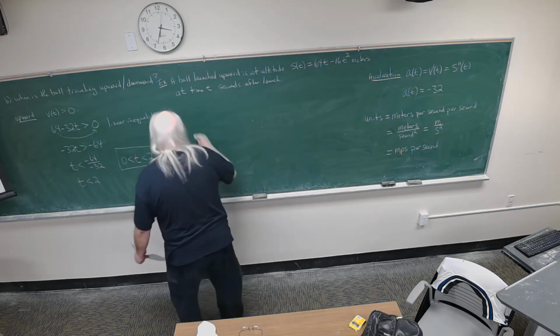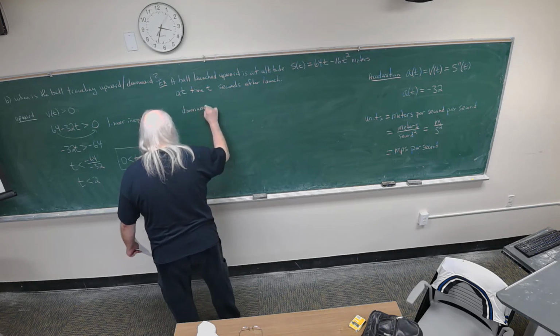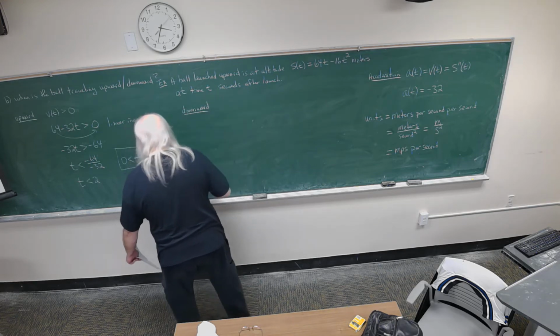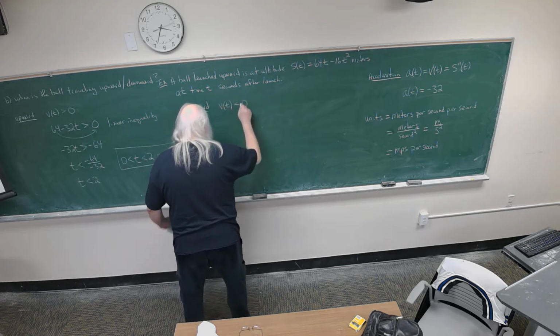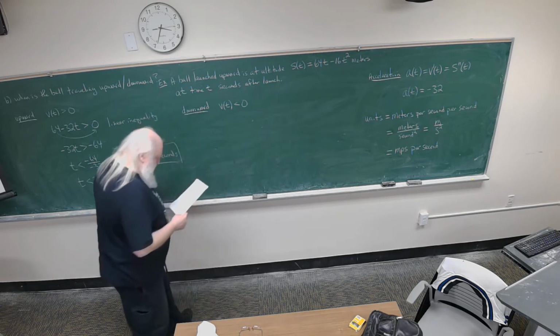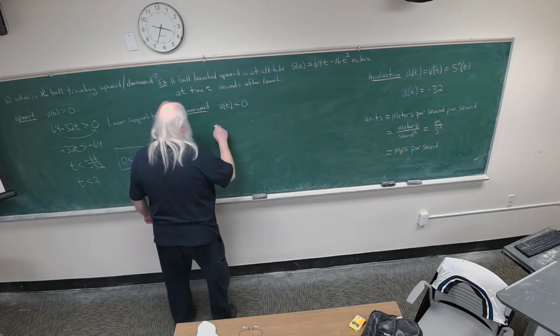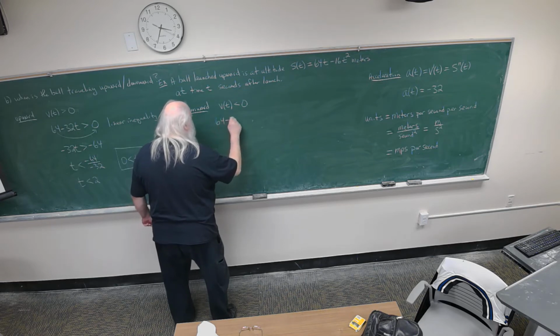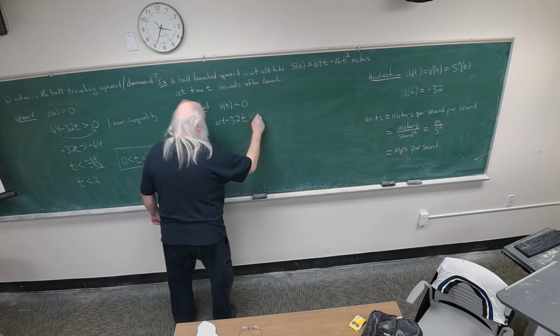When is it moving downward? When the velocity is less than 0. So again, V of t is equal to 64 minus 32t is less than 0.